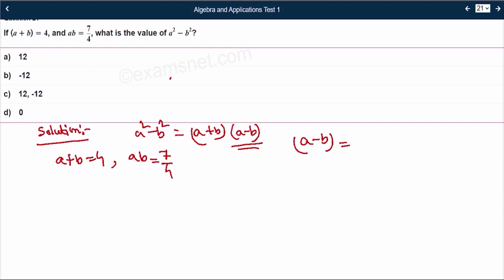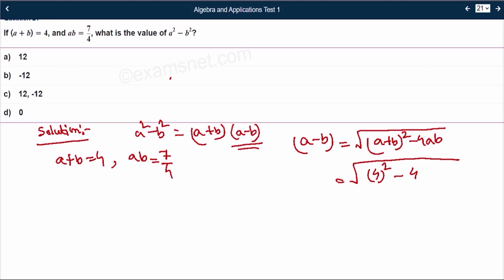There is a very important algebraic formula that a minus b can be written as root under (a plus b) whole square minus 4ab. We already know the values of a plus b and ab, so we put all those values here: (a plus b) is 4, whole square, minus 4 multiplied by 7 by 4.